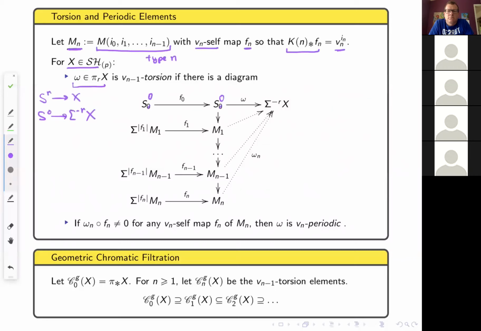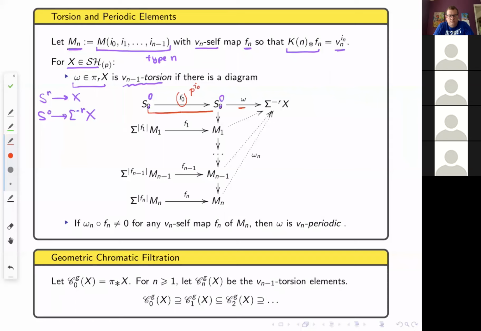Now, we're going to define what it means to be Vn-1 torsion. It's going to be the existence of certain factorizations, but I'm going to go through them with you, okay? So first you have this map here. That's your homotopy element, omega. Then suppose omega is P torsion, then F0 here, that's some power of P, right? So that's P to the I0, okay?